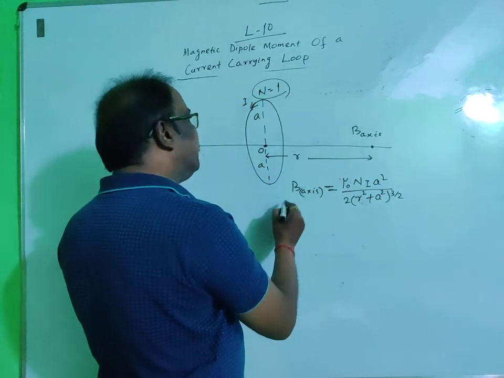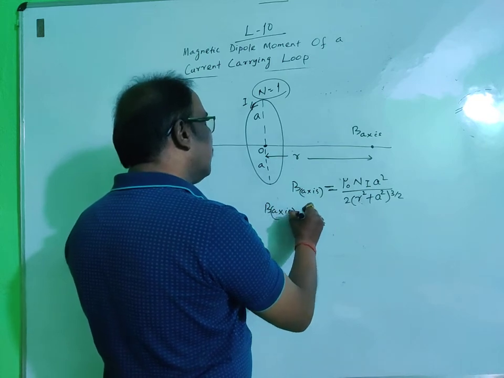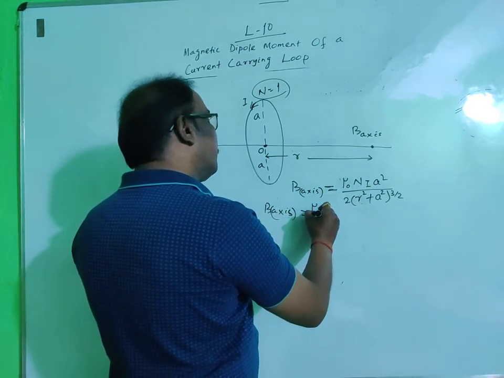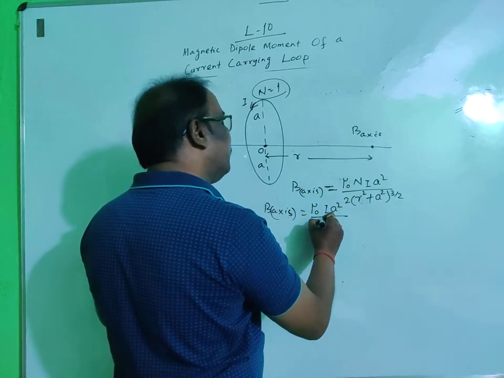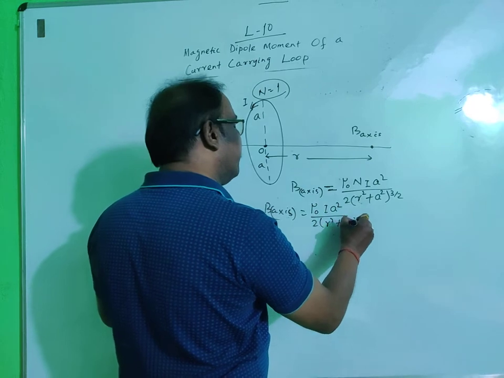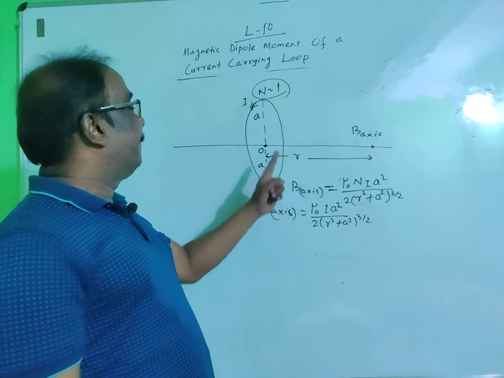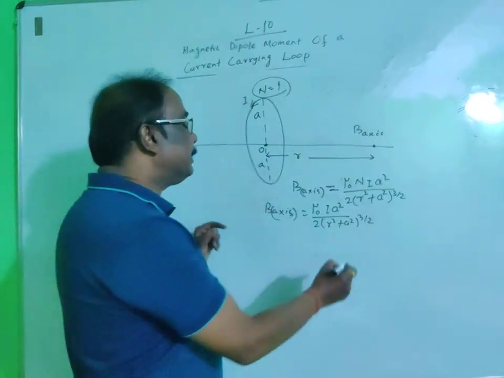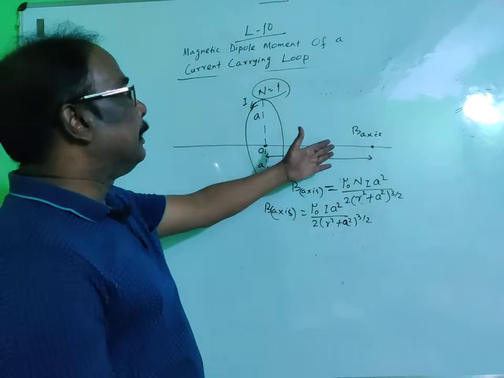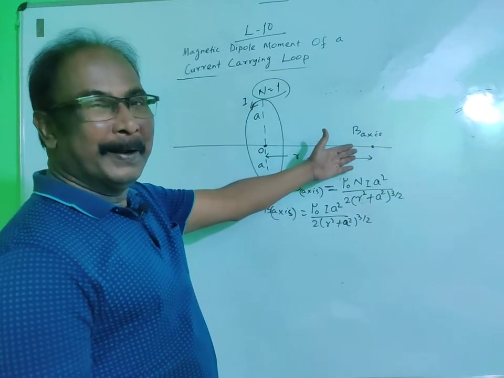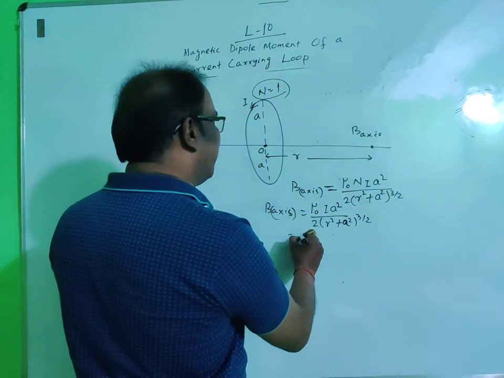Since here the number of turns is 1, the magnetic field on the axis of the circular loop is mu naught I a square divided by 2 into (r square plus a square) to the power 3 by 2. Here the radius is a. So this is the formula for the magnetic field on the axis of a circular loop carrying current I, with the number of turns 1.